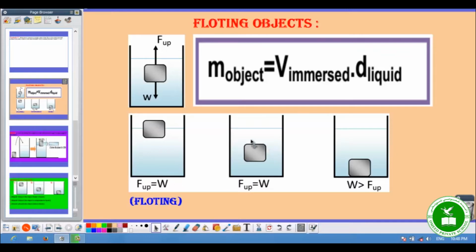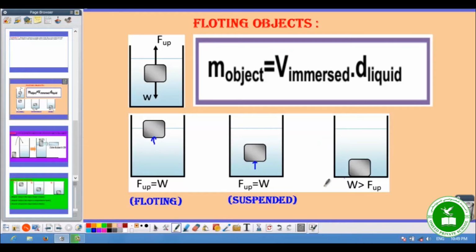That's why the object is in a suspended situation, and this is known as a suspended object. They are equal, but they are more than in the floating case. Here we have upthrust force upward, and this upthrust force is more than the previous upthrust force.